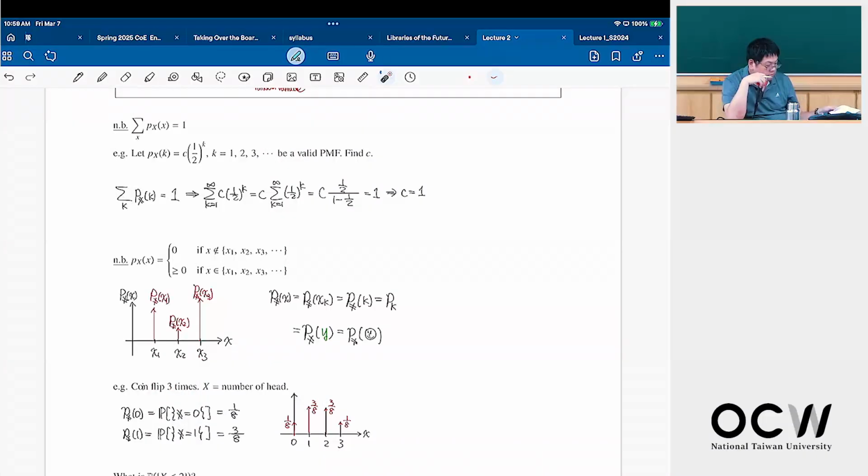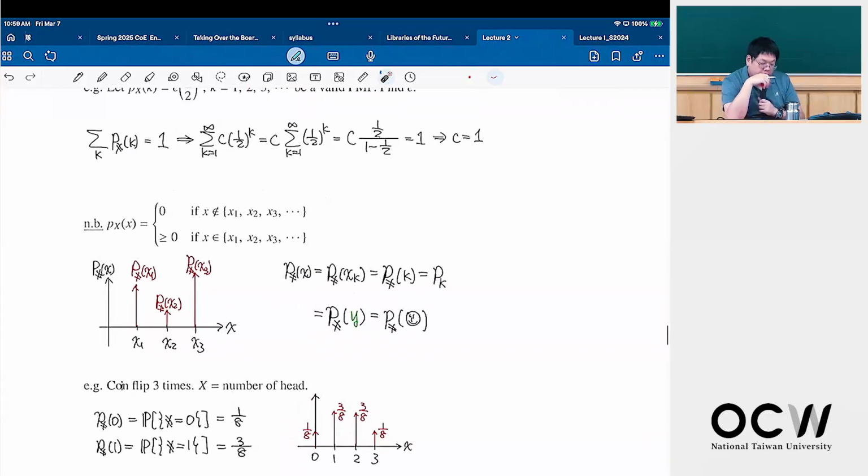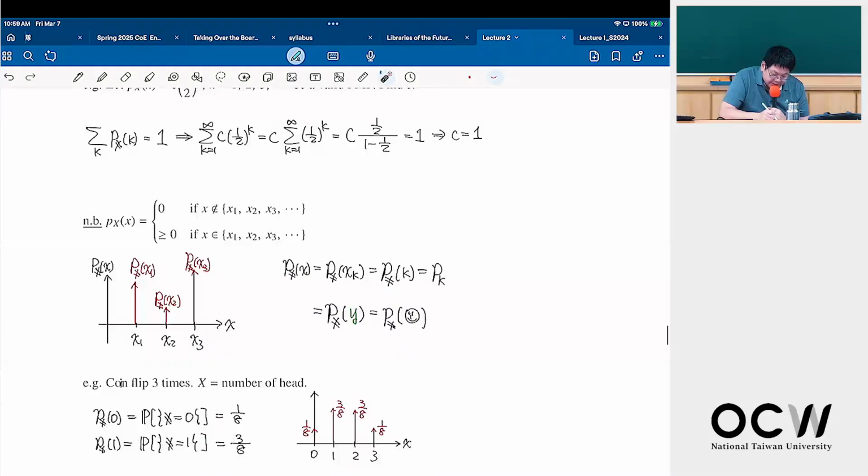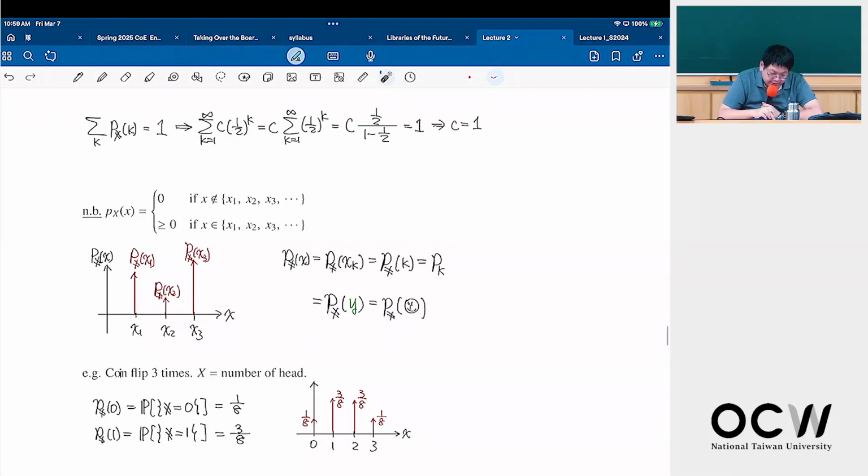Okay, the next, here you see that we have the probability X equals either 0, 1, 2, or 3. But sometimes you will see the probability of X less than or equal to 2. What does that mean?